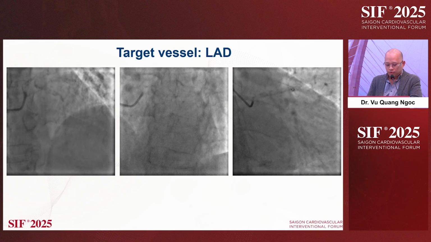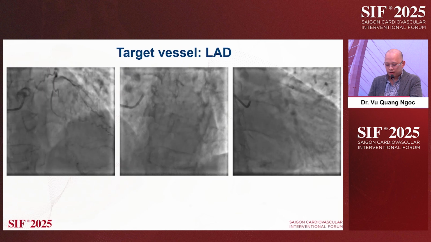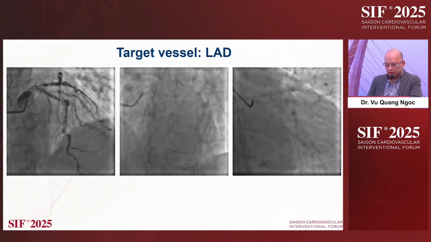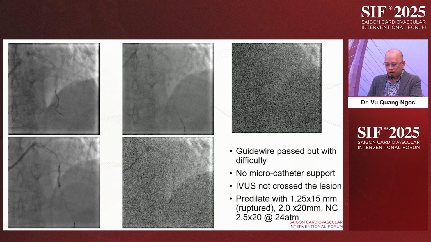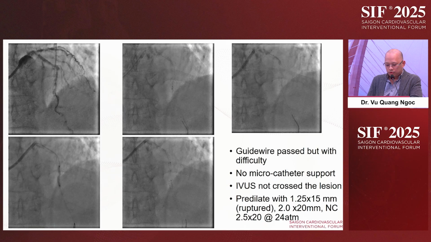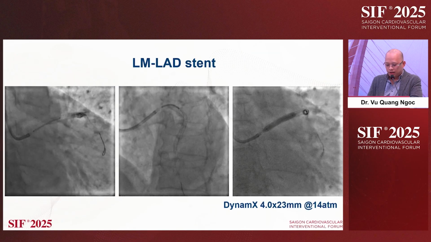We tried to fix the LAD, which is quite angulated with severe calcification. We did two stents from the mid LAD to the proximal, and we also tried to fix the left main based on the IVUS findings.